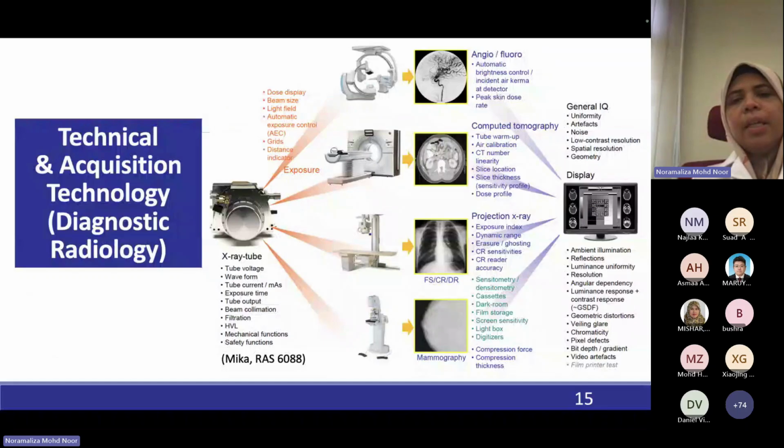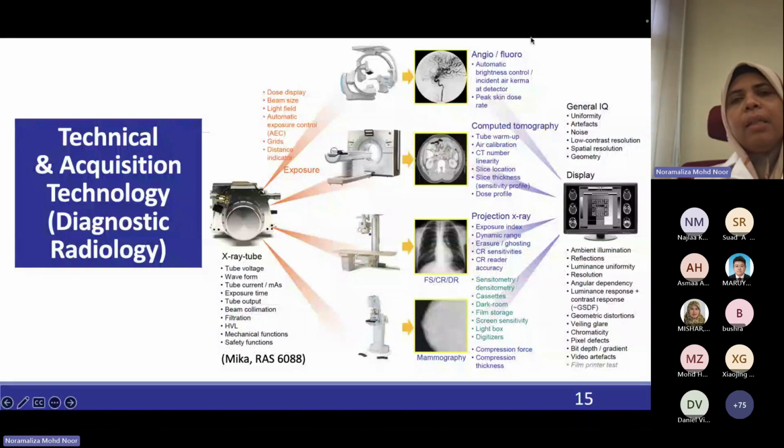As you can see here, all the techniques and acquisitions of diagnostic radiology mainly use the X-ray tube, to produce the X-ray and interact with the patient's body. As I mentioned before, the applications are various, and it really depends on the disease, what disease you would like to see or diagnose.